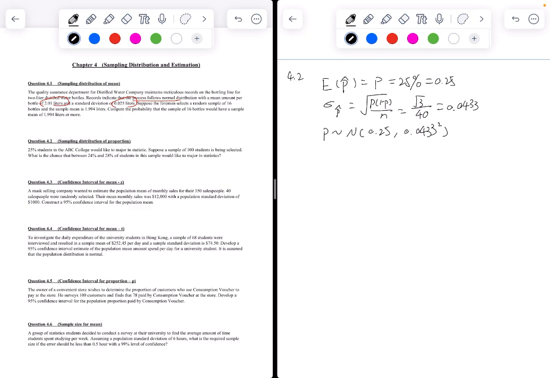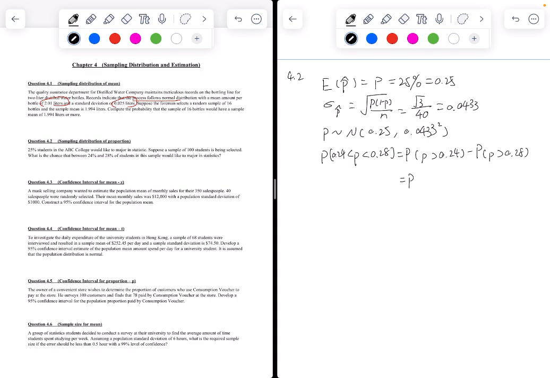Now we are going to calculate the probability that P is larger than 0.24 and smaller than 0.28. This equals the probability that P is larger than 0.24 minus the probability that P is larger than 0.28.